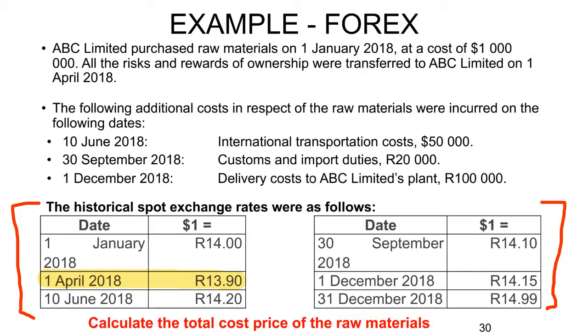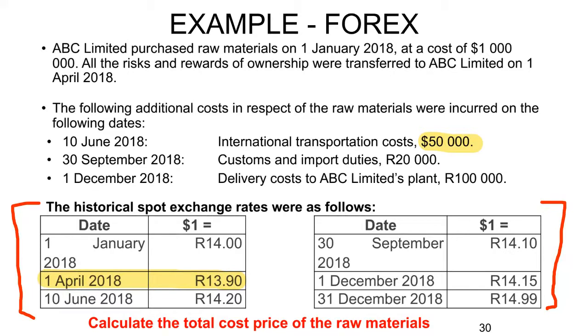So now they're telling us about some risks or some costs that have been incurred. Let's read the next bullet point. It says the following additional costs in respect of the raw materials were incurred on the following dates. On the 10th of June 2018, international transport costs of 50,000.